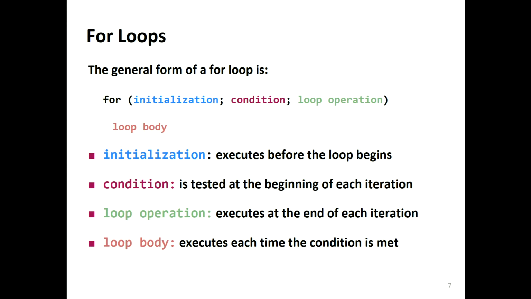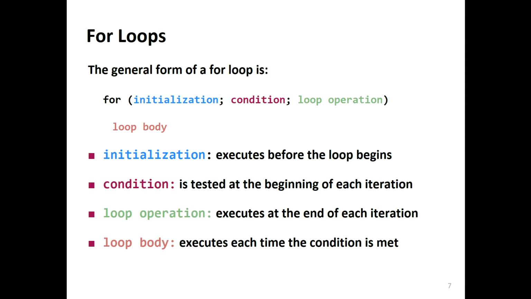The condition is always tested at the beginning of every iteration. If the condition is not met, the loop is broken, and you continue on. The loop operation is what you do at the end of the loop, and the loop body is what you do within the loop. Try to imagine there are big brackets over here. All right, so this is the for loop.